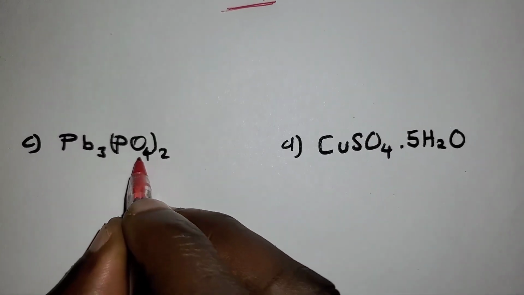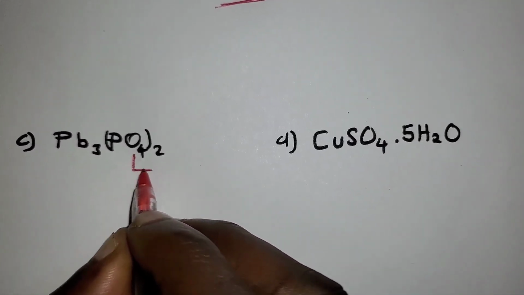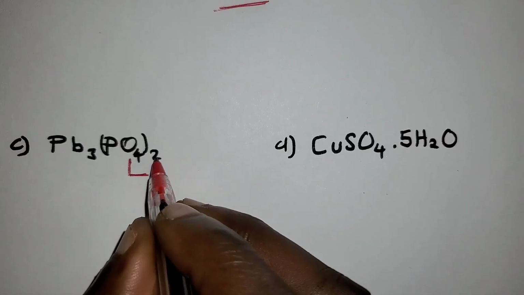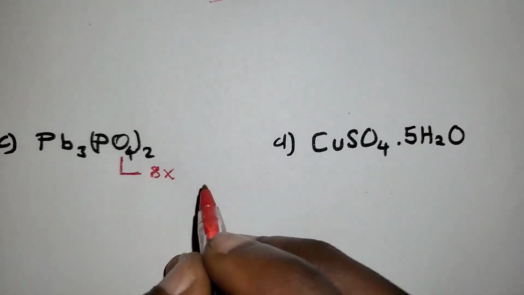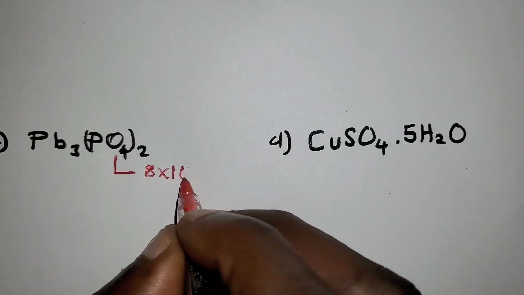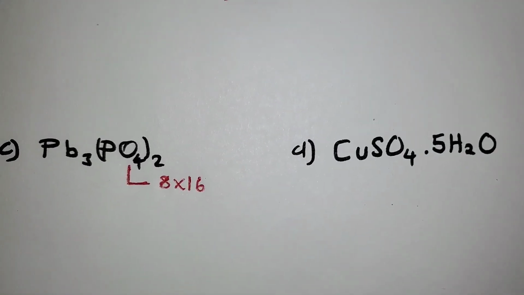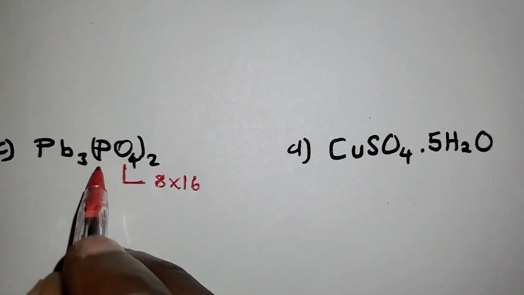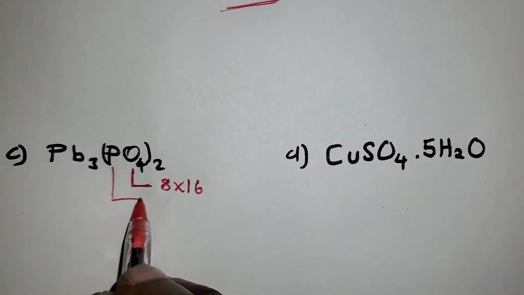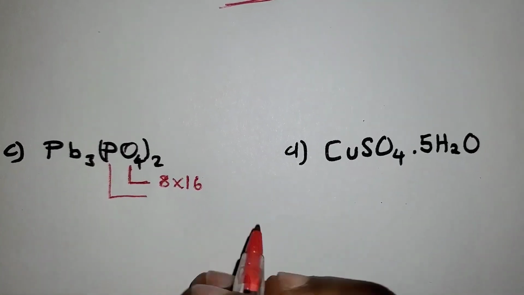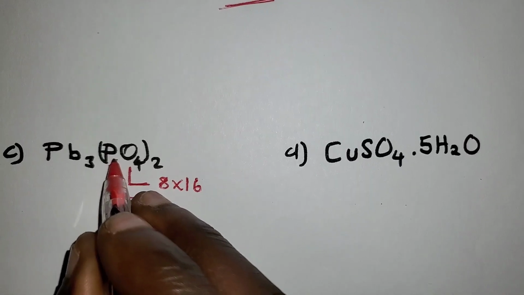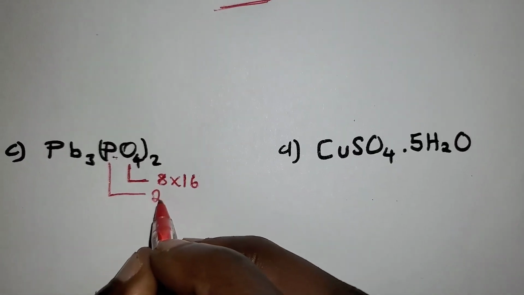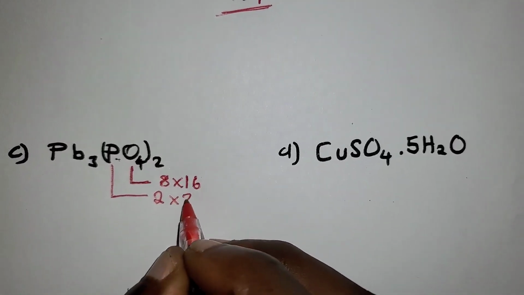So start with oxygen here. It will be 2 times 4, which is 8 atoms of oxygen, multiplied by 16. Then we come to phosphorus. 2 times invisible 1 will be just 2 atoms of phosphorus.